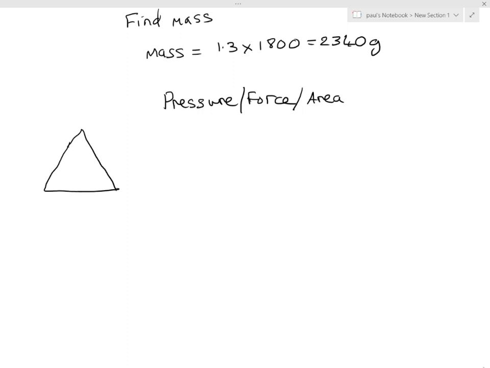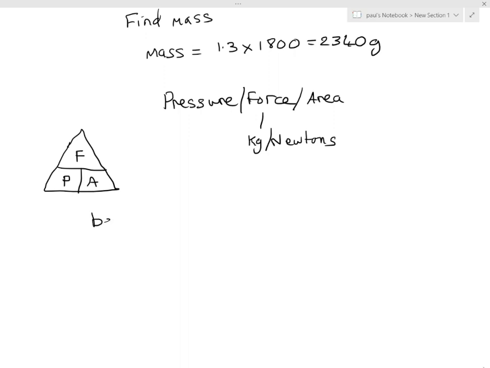There's three of these little things to try and remember. So we've got pressure, force, and area. So force is either going to be in kilograms or grams, or it can be in newtons. It's correct to have it in newtons, but I'm not too sure. It should be in physics.